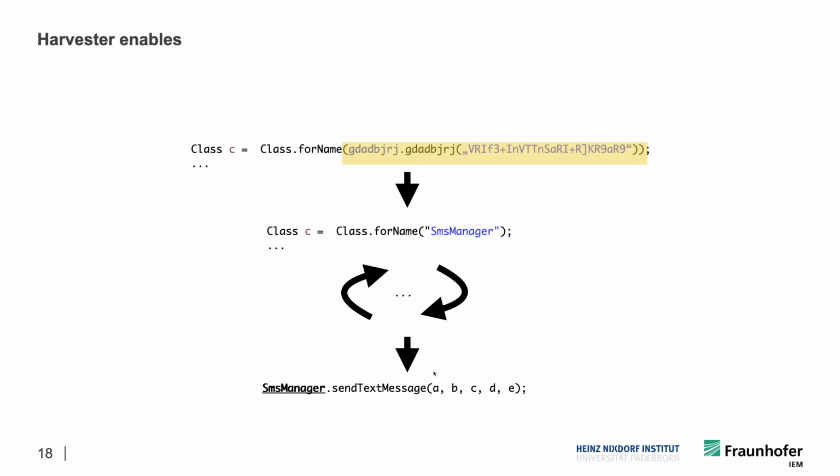And then in the next iteration, Harvester will pick up on this particular API call, and it will then try to extract these values. And again, we found that typically for the malware we observed, 2 to 3 iterations are sufficient to be able to extract all of these instrumentation points and to extract all of their values.